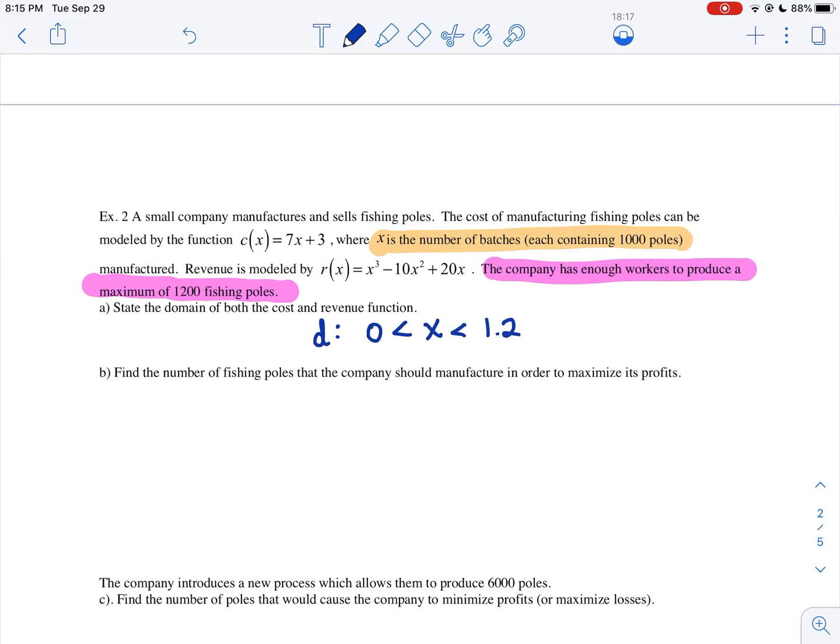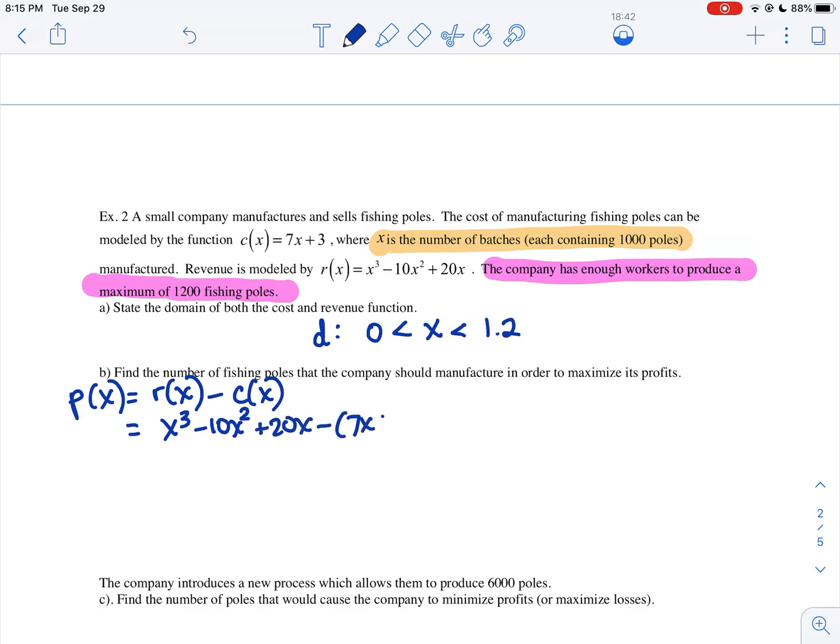All right, so part B says find the number of fishing poles that the company should manufacture in order to maximize the profits. Okay, well, the first thing we need to do is find the profit function. And we do that by doing revenue minus cost. So x cubed minus 10x squared plus 20x.